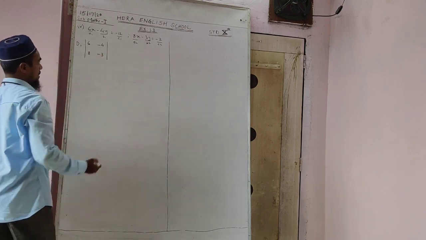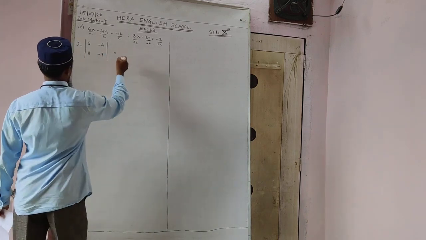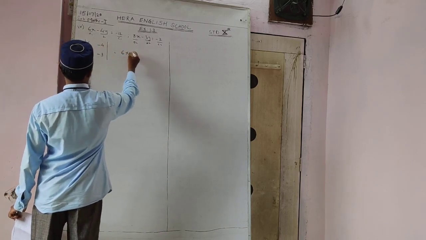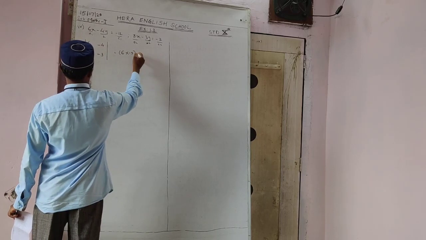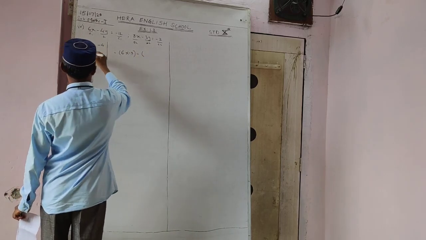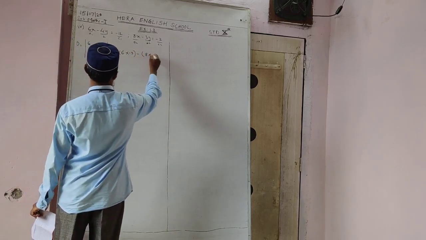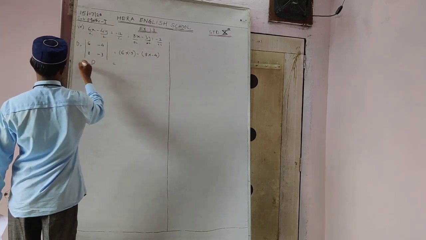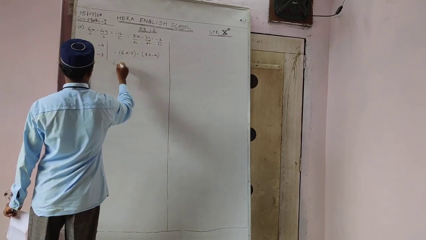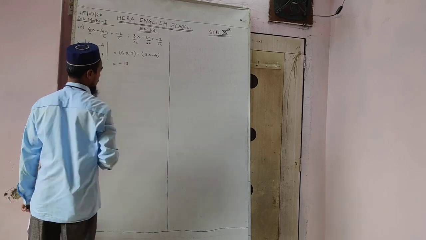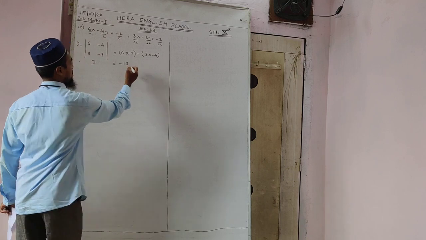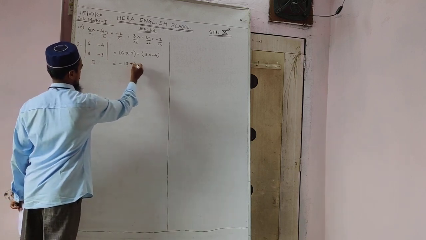Now we get the value of D by cross multiplication: 6 into minus 3 minus 8 into minus 4. 6 times 3 is 18 with a minus sign, and 8 times 4 is 32, minus minus makes plus 32.